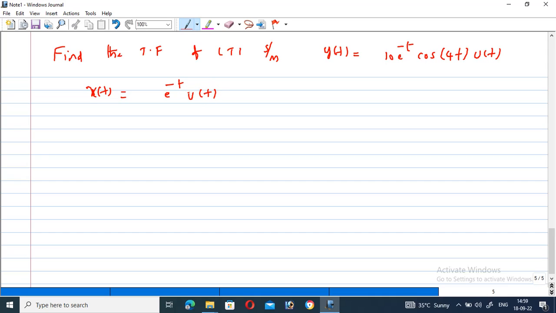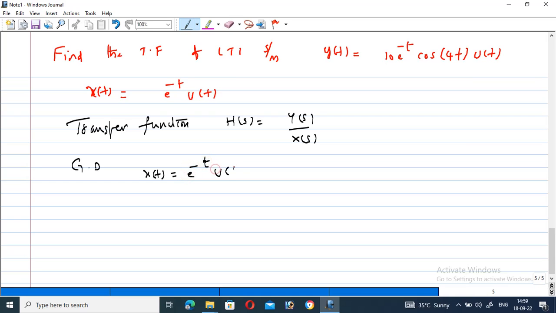Now, if you want to find the transfer function, the transfer function H of s is equal to Y of s by X of s. So from the given data, x of t is equal to e power minus t into u of t, therefore X of s is equal to the Laplace transform of x of t.